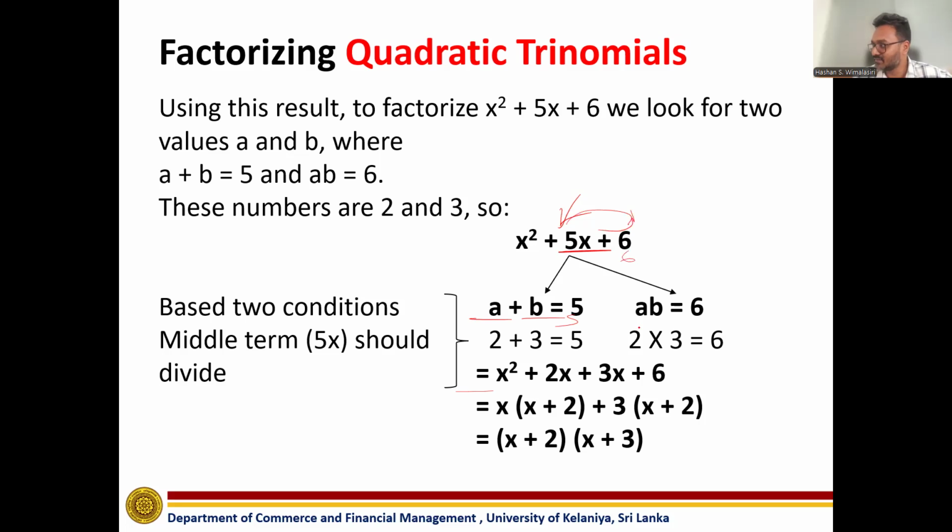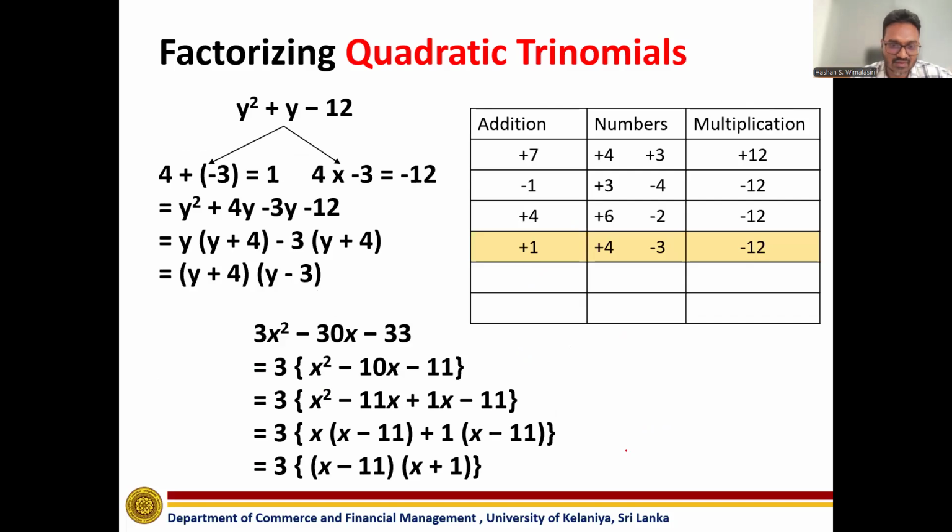When we separate the middle term into two pieces, we get x power 2, 2x, 3x plus 6. Then x is the common term, x plus 2, 3 is the common term, and again x plus 2. So x plus 2 and x plus 3 are the factors of this question.